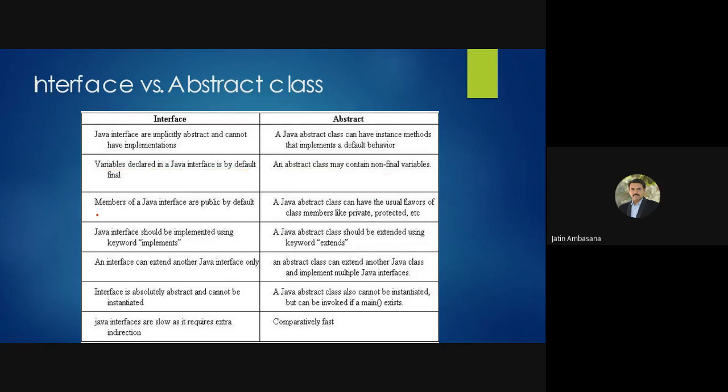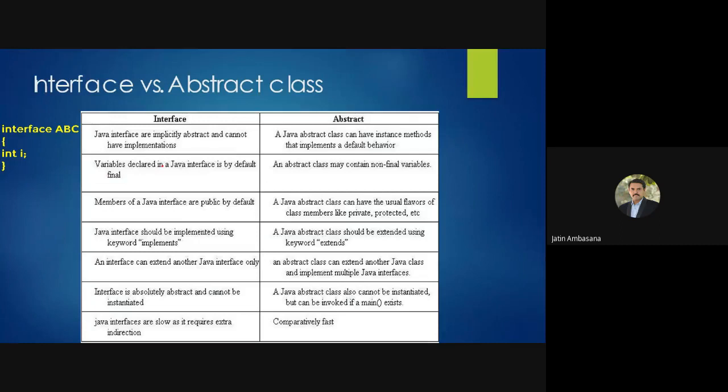So if you declare something like this, interface ABC, and you declare int i, this int i by default becomes public static and final.